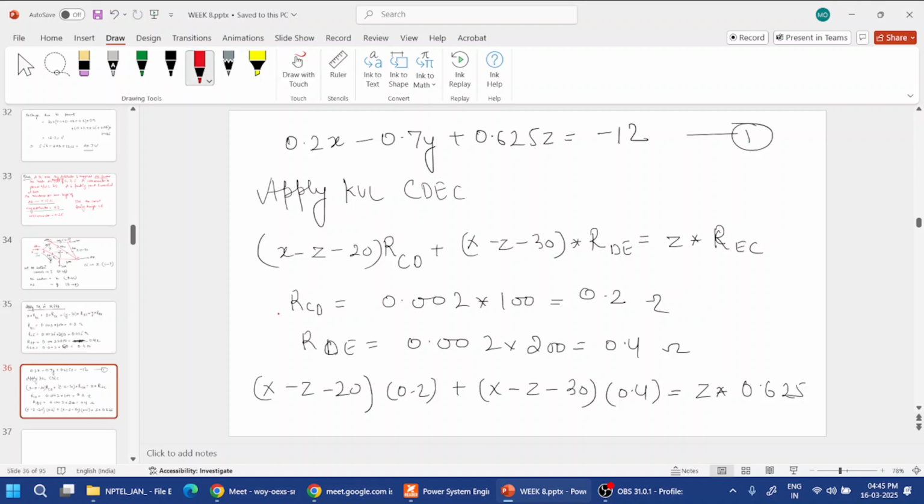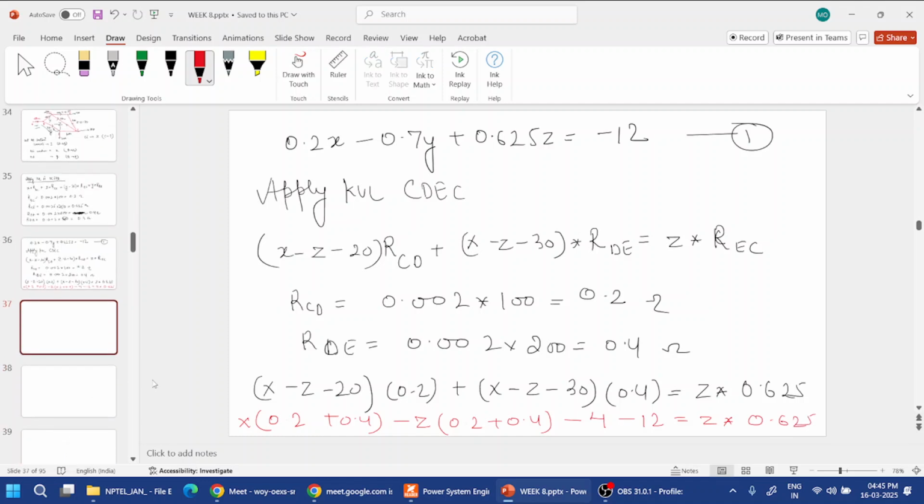The X term will be 0.2 plus 0.4, minus Z times (0.2 plus 0.4), minus 4, minus 12, is equal to Z into 0.625.